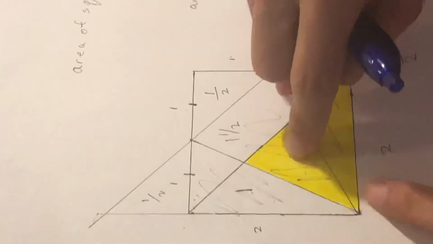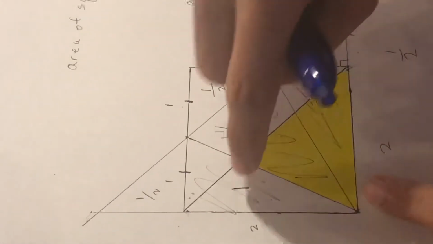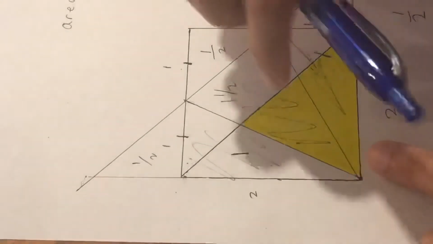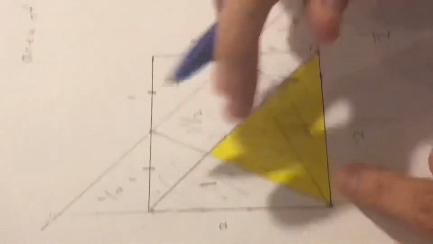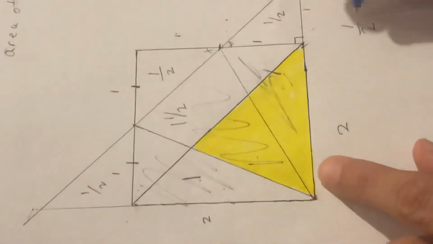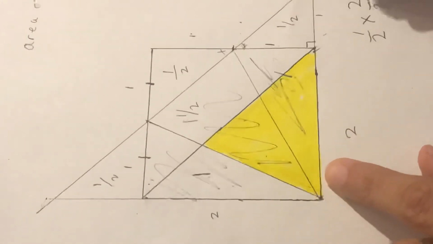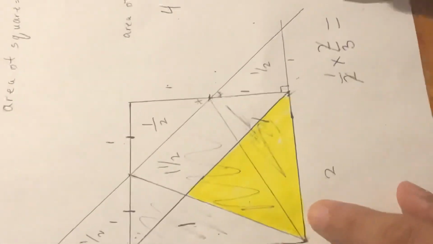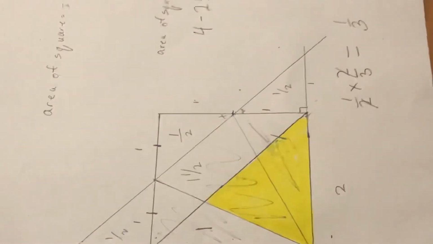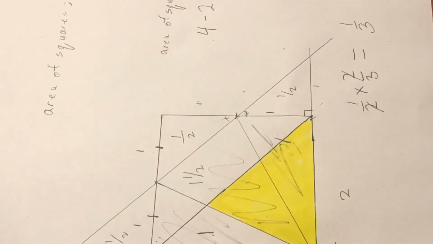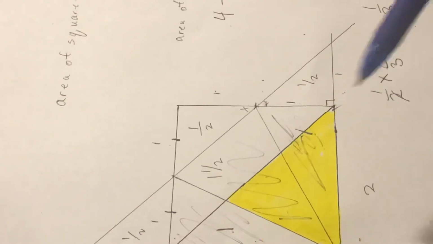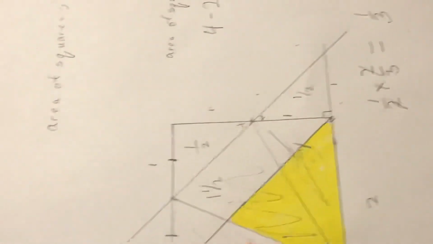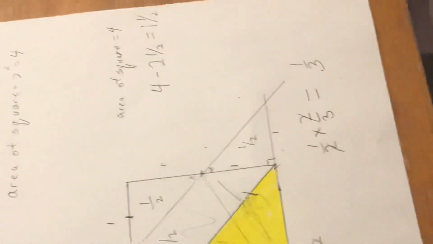So this is equal to 2/3, and this is 1/3. So I can just take 2/3 of this half, so it's 2/3 times 1/2, which would equal 1/3. So the shaded area would then be equal to 1/3 of the area of the entire square. And that's my solution.